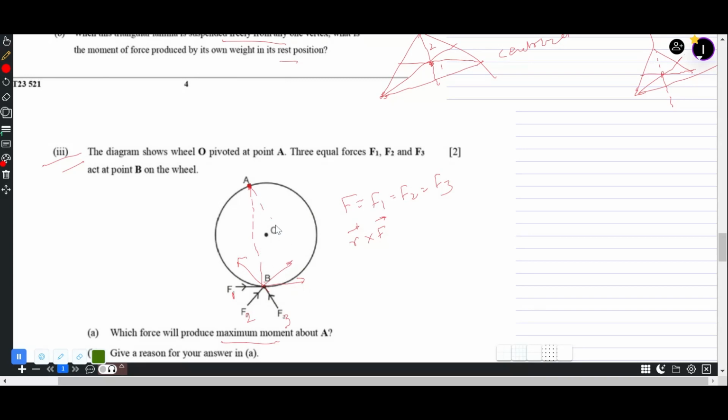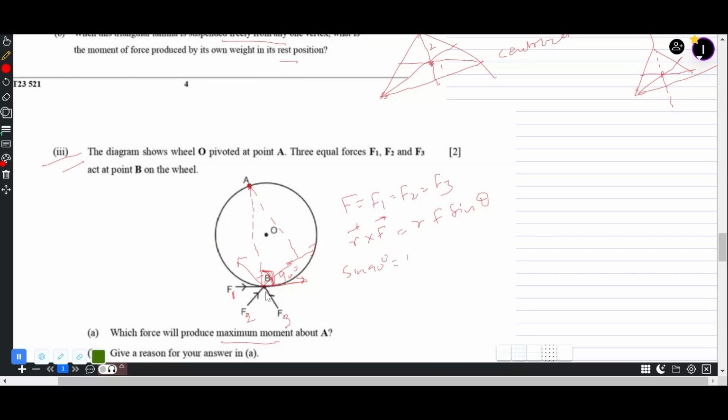In this case, it will be like this, right? Or if I take an angle, then it will be rF sine theta. Now, if you see in this case, the angle between the axis and the pivot point and the force is 90 degree, and sine 90 is highest. Sine 90 is 1.